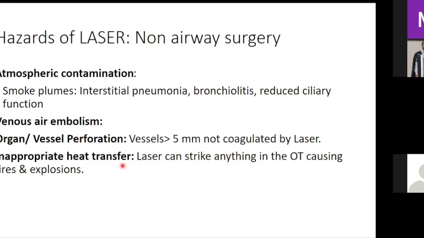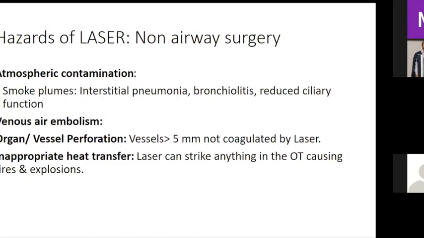With atmospheric contamination, remember when you're cutting, even with diathermy, there are plumes that are released, and this could be hazardous both to us as healthcare workers and to the patient, because it can cause interstitial pneumonia, bronchiolitis, and reduced ciliary function.